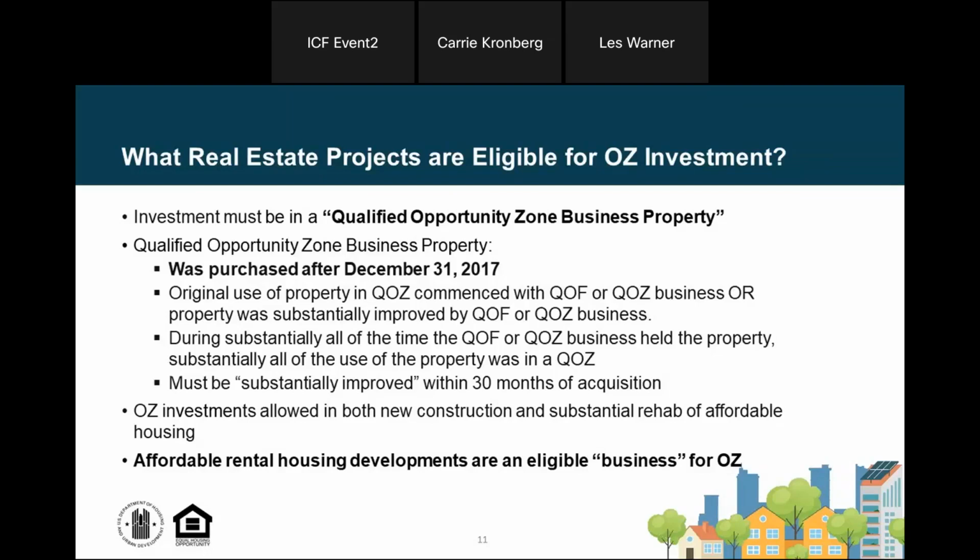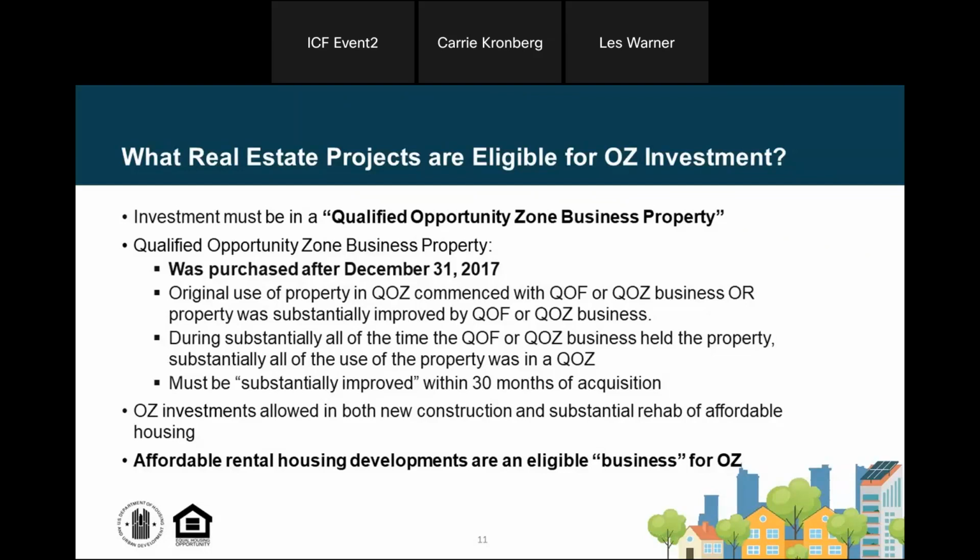Our criteria here is that the property has been purchased after December 31st of 2017, and the original use of that property within the qualifying opportunity zone is for a qualifying opportunity fund or a QOZ business, or the property was substantially improved based on that funding investment or business. So we're looking for new investment within that opportunity zone.